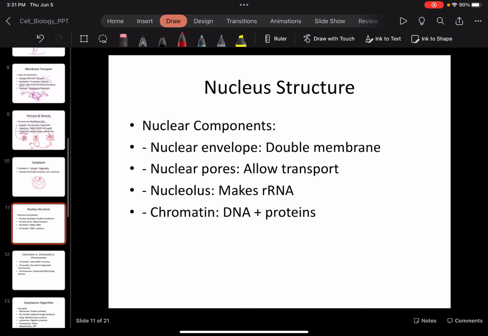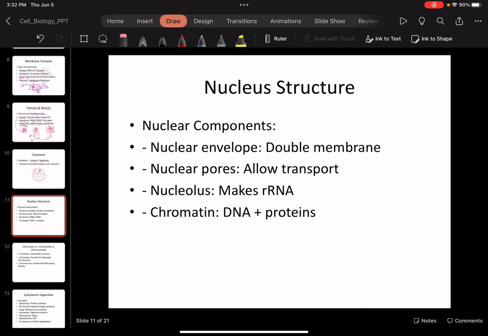Then if you look at the nucleus, it has a nuclear envelope. The nucleus is inside, and they are double membrane.